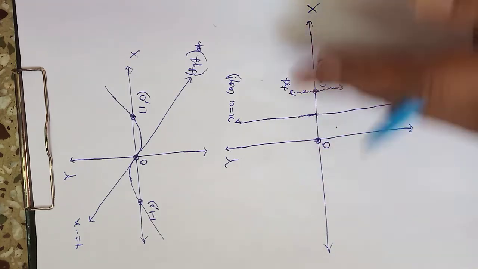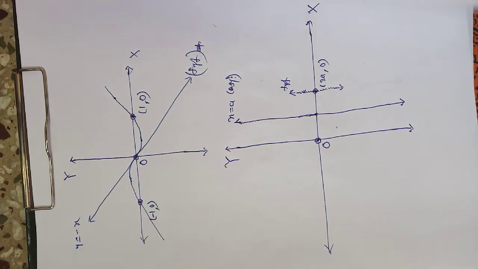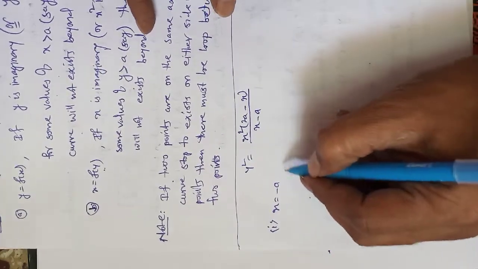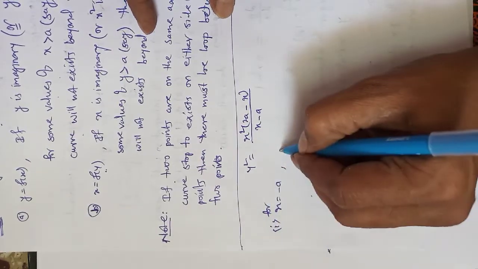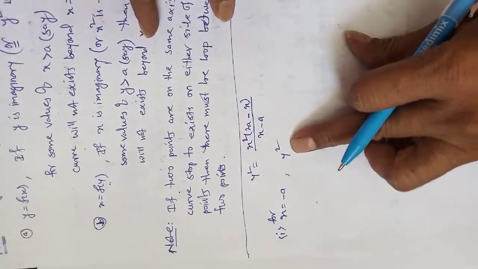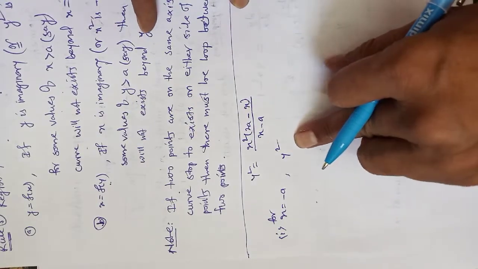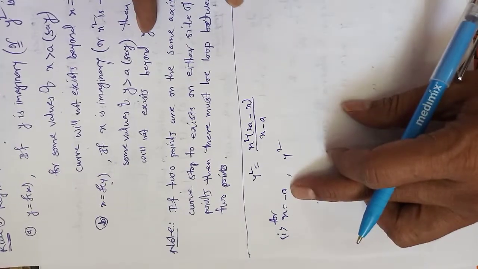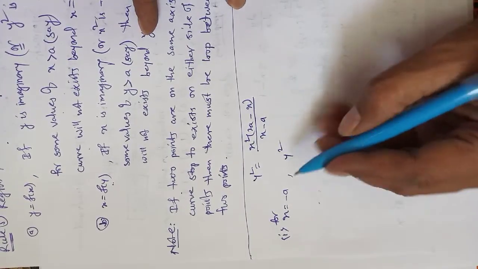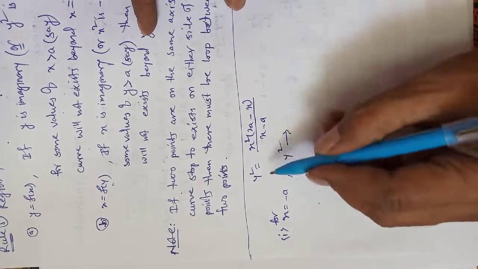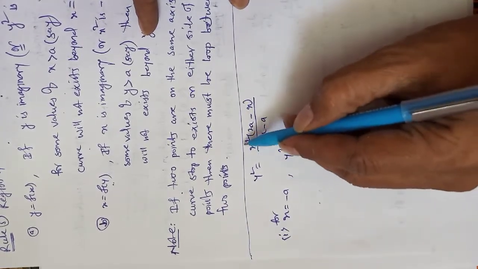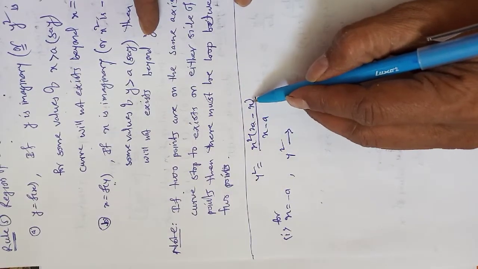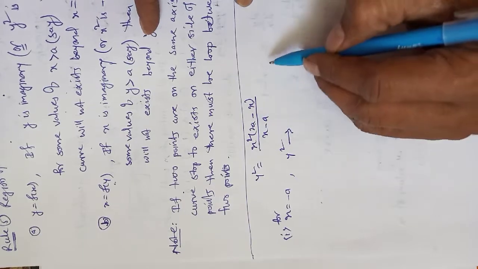So left to the origin, you can take any point, say x is equals to minus a. So for x is equals to minus a, we'll just see the nature of y square, whether it is positive or negative. We are not interested in value. So x square is always positive for any value. See, 2a minus x, so x is negative here, so this is positive.